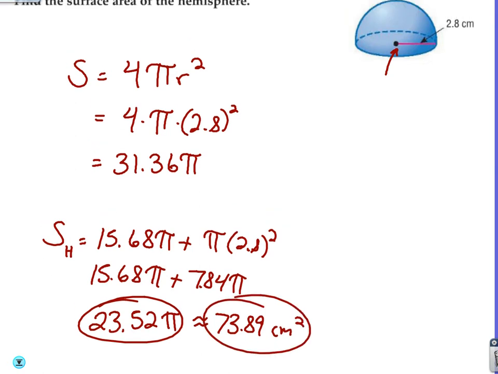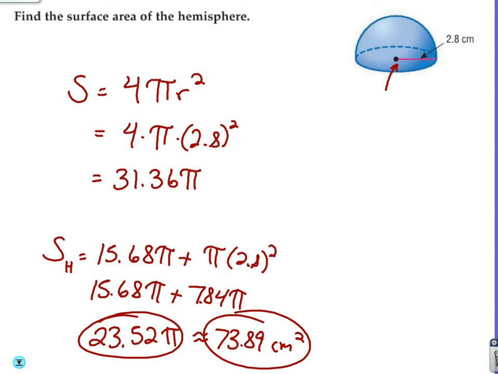Sometimes, though, it's easier to come up with a formula. Let's talk about how you would find the surface area of the hemisphere. See if there's an easier way. Anybody think of an easier way? Okay, surface area of the whole thing is 4 pi r squared, right? So just the side part of the hemisphere would be 2 pi r squared. What's the bottom's area? Pi r squared as well.